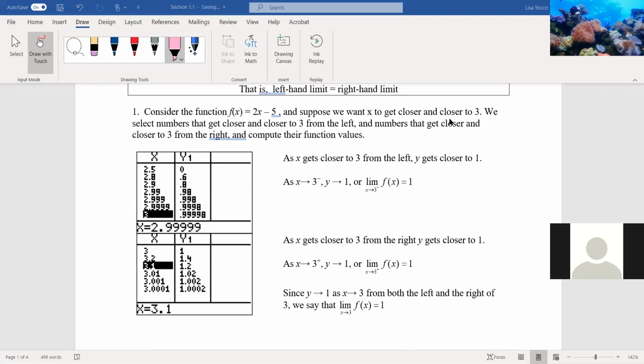What I have there is a screenshot from my calculator of values of x that are getting closer and closer to 3 from the left of 3. So I'm looking at that first table, starting with 2.5, moving up to 2.8, 2.9, 2.99, 2.999, 2.9999, and so on. So that's what we mean by x getting closer and closer to 3 from the left.